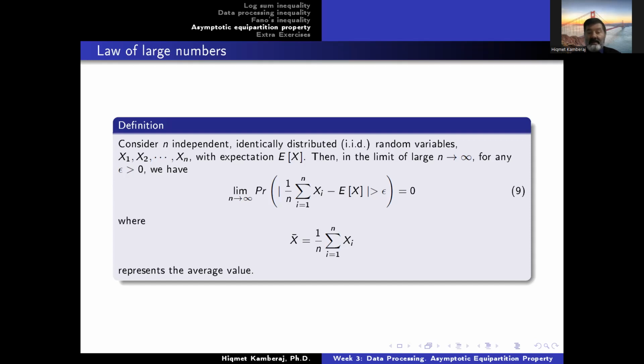Consider n independent, identically distributed random variables, IID for short, x1, x2, ..., xn, with some expectation E of x.